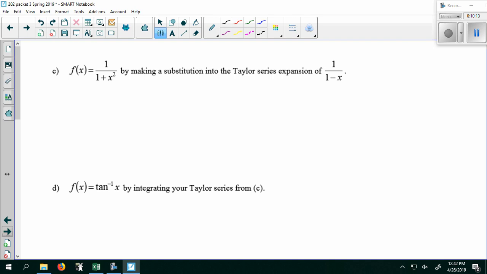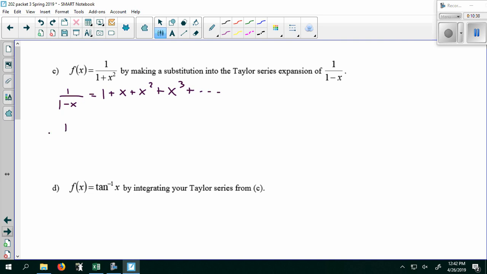Okay, now I want to come up with a series expansion for 1 over 1 plus x squared by substituting into 1 over 1 minus x. So 1 over 1 minus x, its expansion is 1 plus x plus x squared plus x cubed plus dot, dot, dot. So what do I have to replace x with to get 1 over 1 plus x squared?